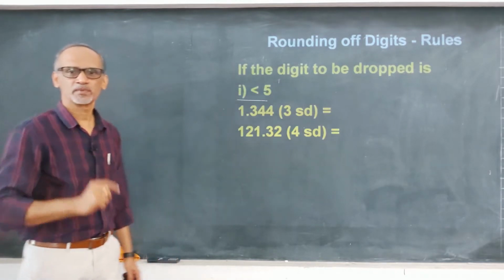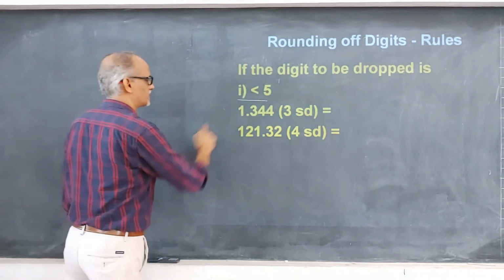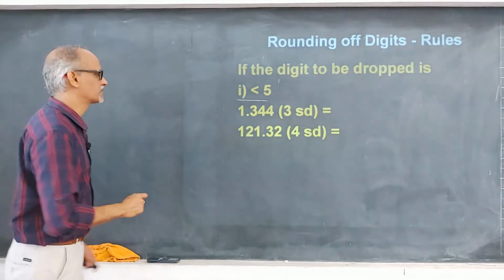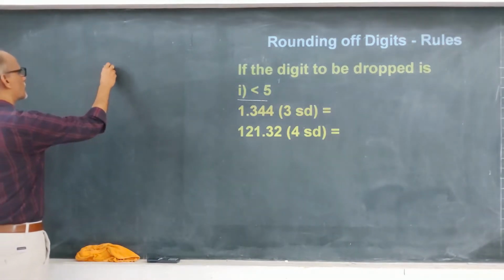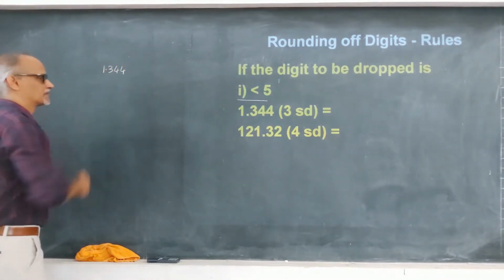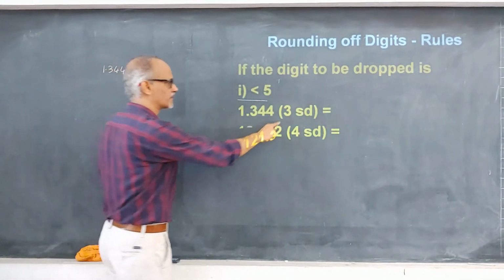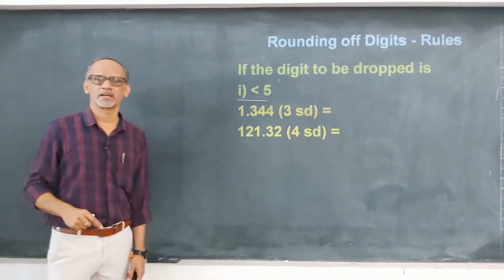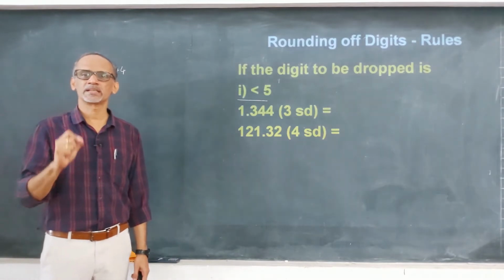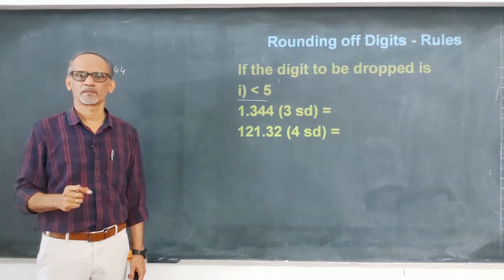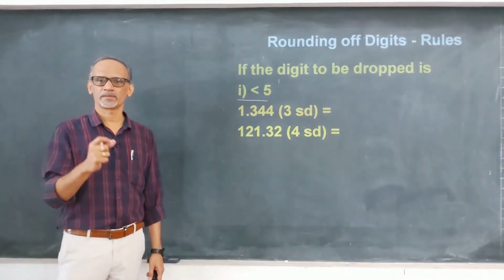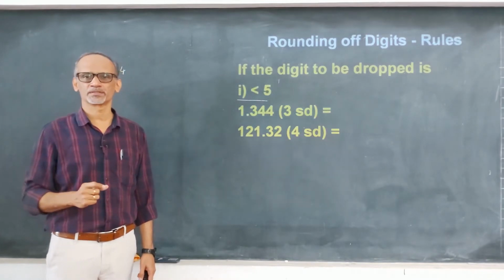I am going to give an example. 1.344 is the number given, and it's also given that we have to restrict our answer to 3 significant digits.